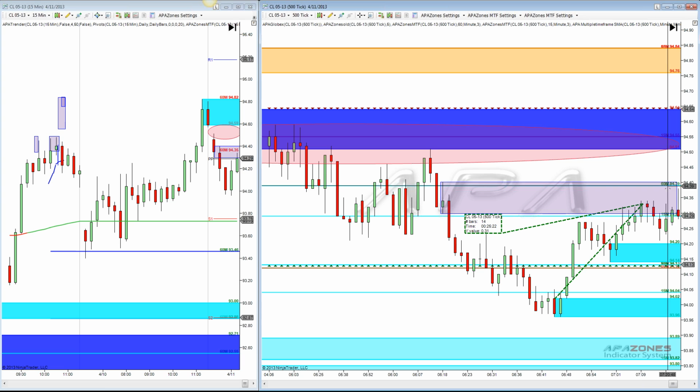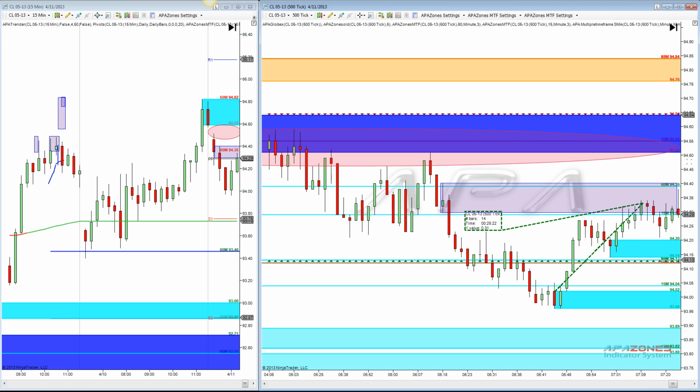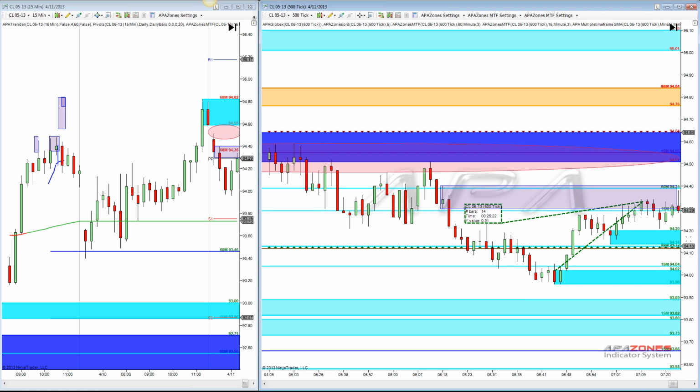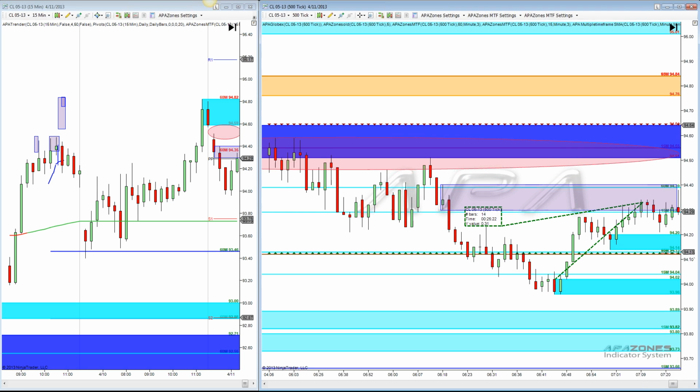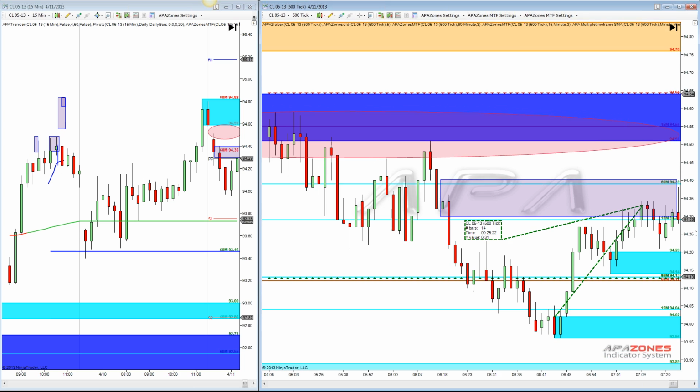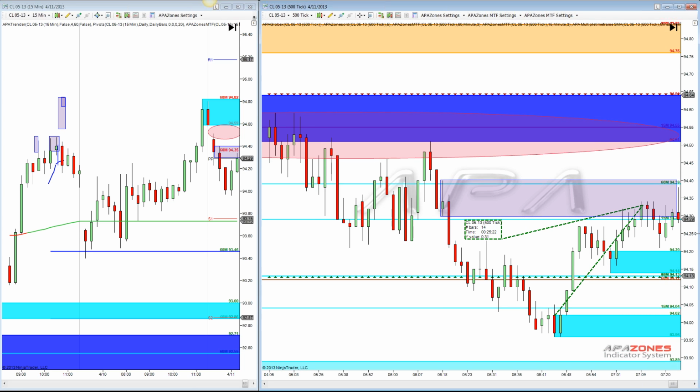The top of the zone is at 94.39. And I know the bottom of that demand zone is wherever the next 60M level is, and that's at 93.46. So that's a really big zone, if you will. But it is what it is, and it's off of that level setting.